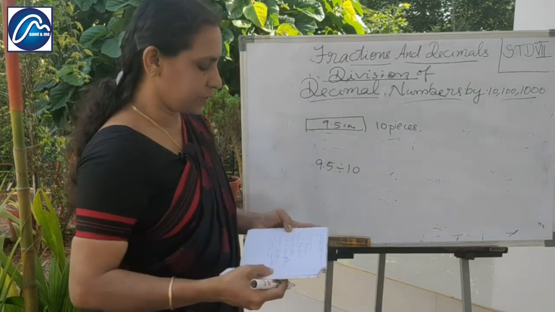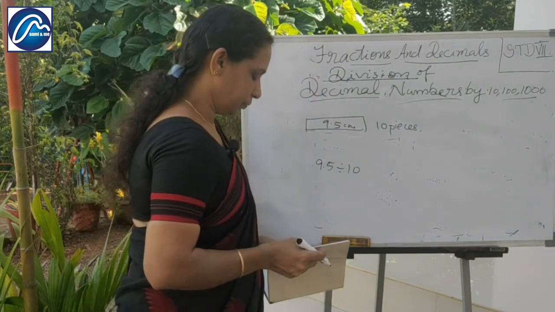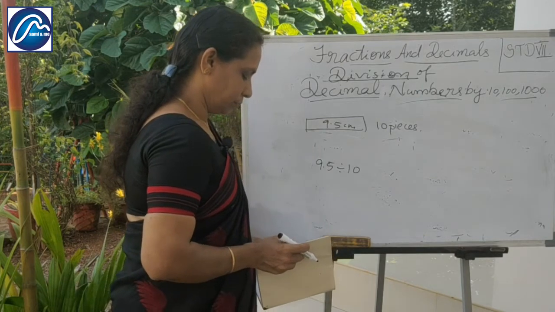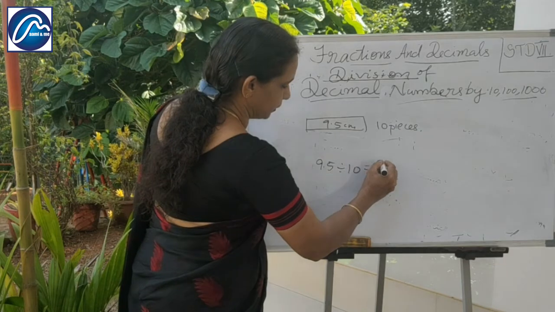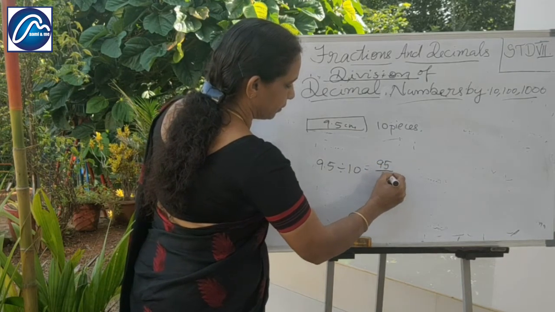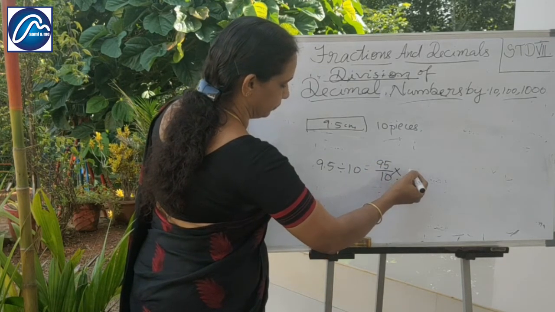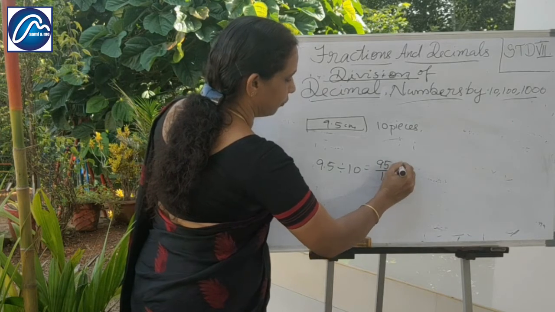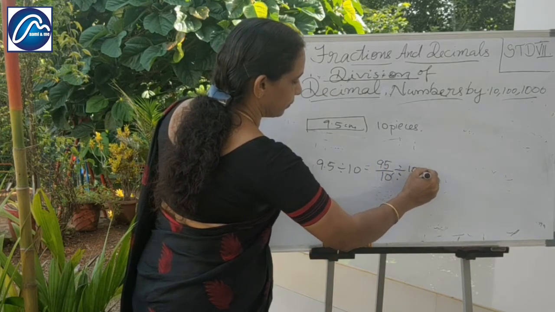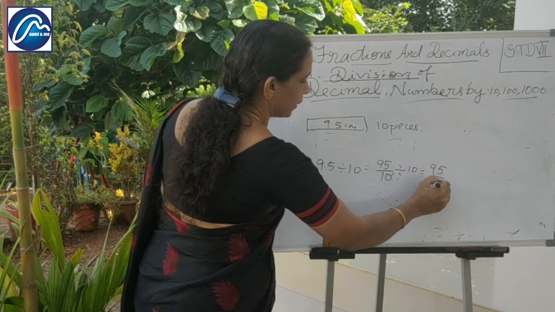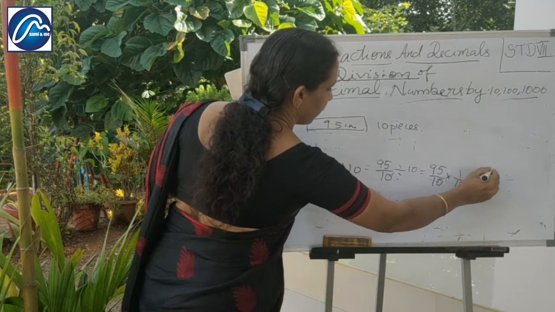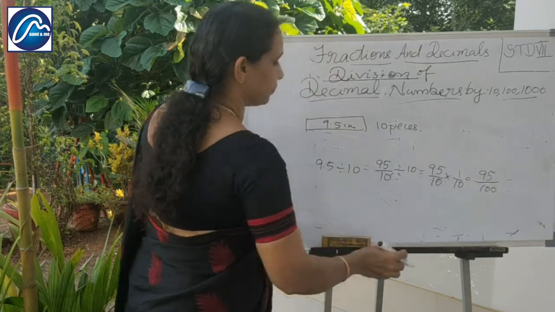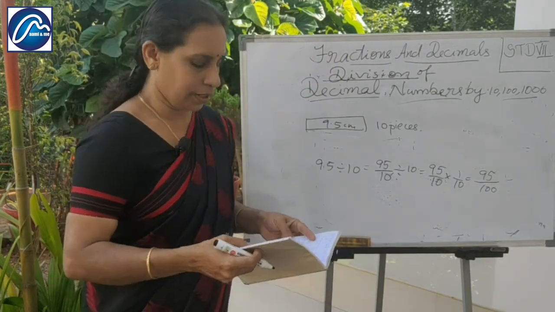How will you write it? You will write it as 95 by 10 divided by 10. Then 95 by 10 into 1 by 10. That is 95 by 100.